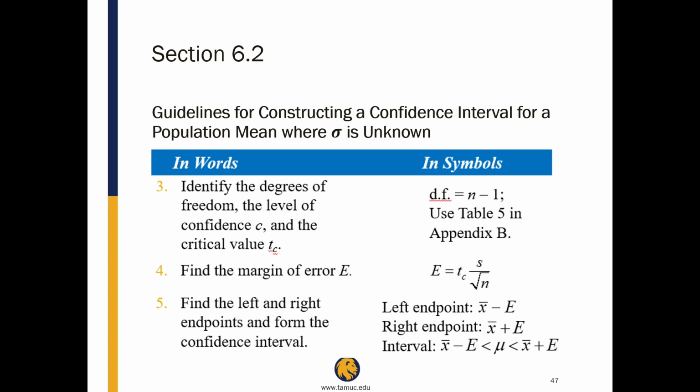We're going to mostly just be looking it up in the table to get the t-distribution information. Then we're going to plug this into the margin of error formula. And then for the left and right endpoints, we're going to take the sample mean x bar minus the margin of error E, and x bar plus the margin of error E. That's going to give us our confidence interval, and the population mean would then fall within that confidence interval with a certain level of confidence.